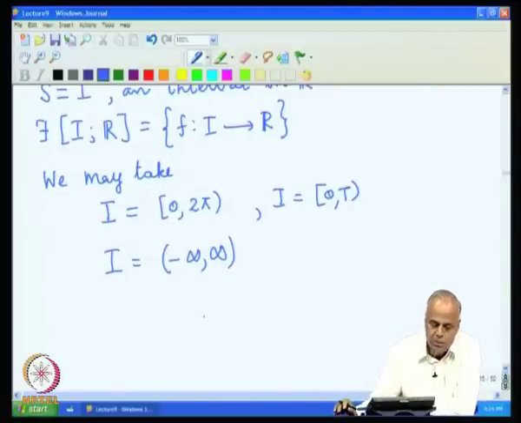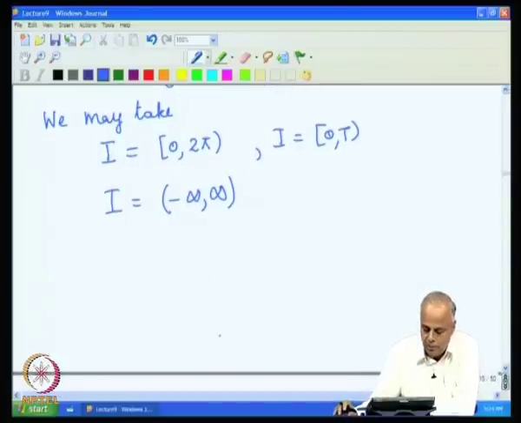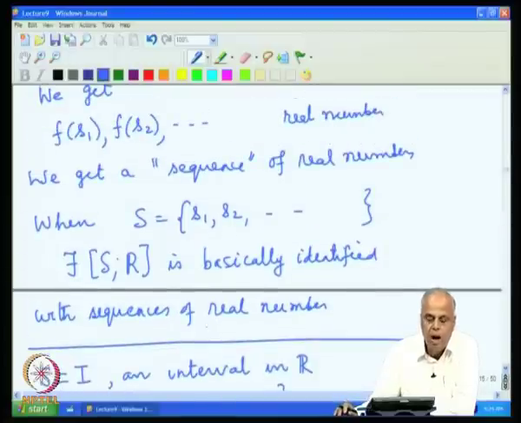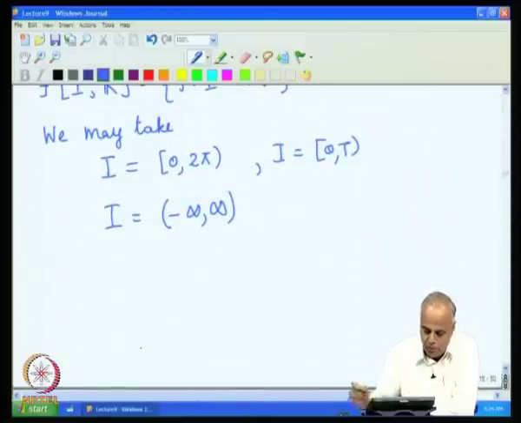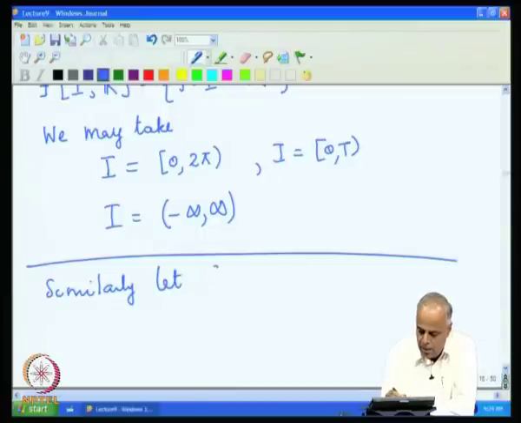Now, among these functions which are mapping I to R, there are some of very particular interest. In all the above examples, we can replace R by S. So, we can write similarly, let S be any non-empty set.